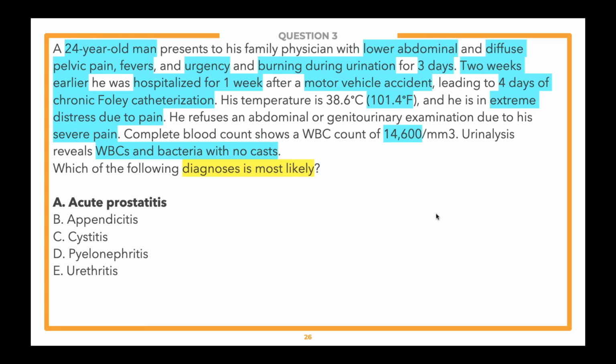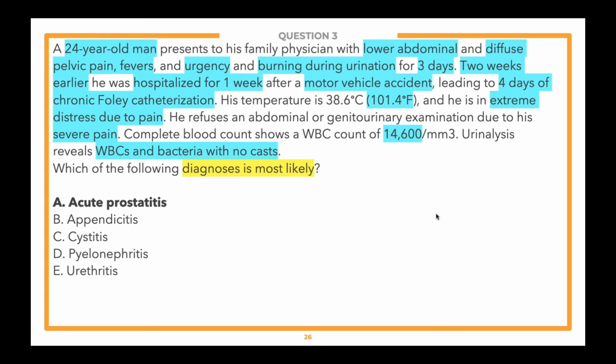And in men, febrile urinary tract infections are either due to pyelonephritis or acute prostatitis. Now, this patient does not have any flank pain or flank tenderness, and there are no casts in the urine. A patient with pyelonephritis may possibly have white blood cell casts because the infection is higher up in the kidney.